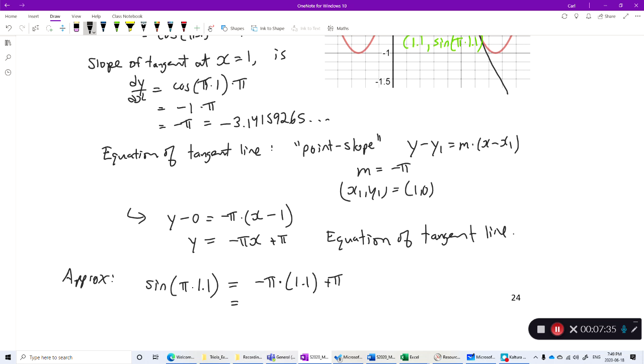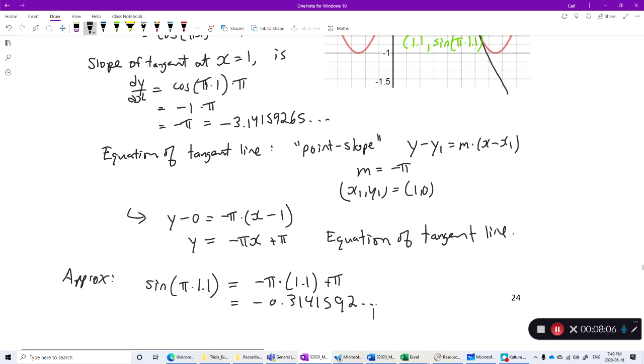So minus pi times 1.1 plus pi gives me negative 0.31415141592. And actually, you'll notice that it's the same digits of pi, just with the decimal place shifted over.